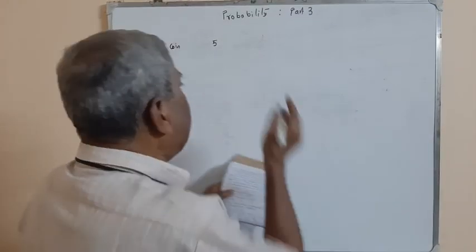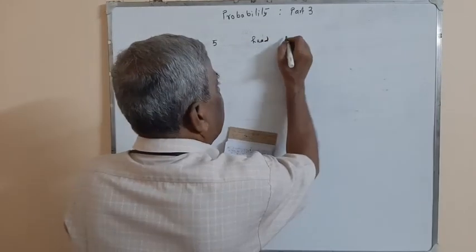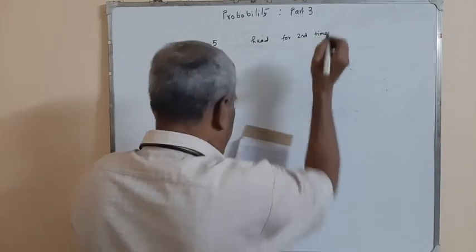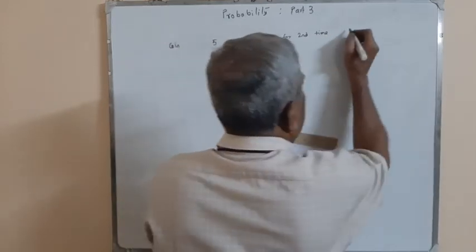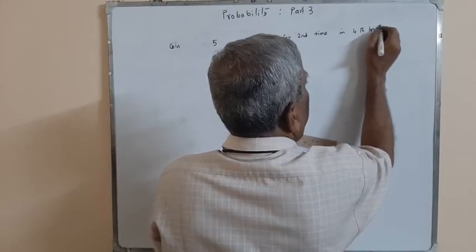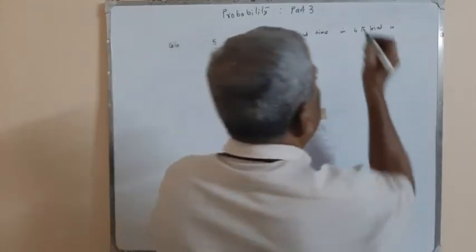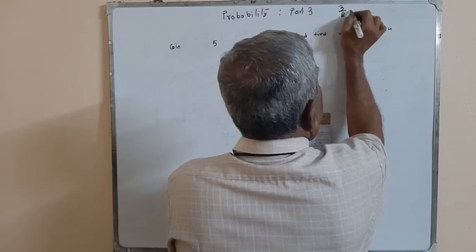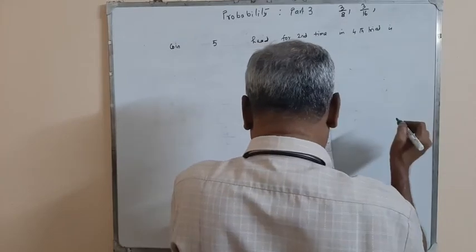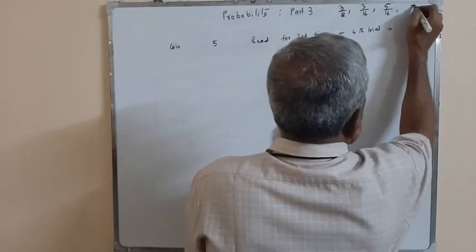The probability of getting head for the second time in the fourth trial is, options. First I write the options: 3 by 8, 3 by 16, 5 by 16, and 7 by 16.